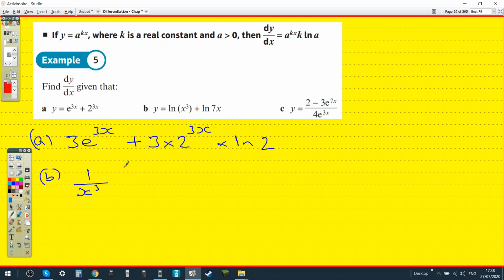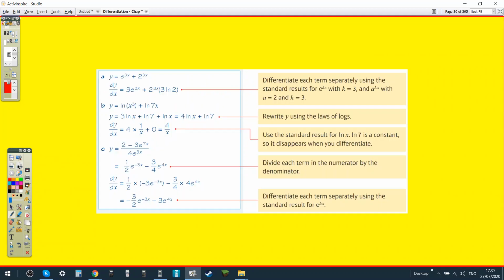That's 1 over 7x. You would think so. How else can you write that? Ln 7x. I don't know. Ln 7 plus ln x. Oh, okay. So 1 over 7 plus 1 over x. Wait, no, ln 7 is just a number, so it would be 0. Yeah. So then it would just be plus 1 over x. Yeah. Makes sense. Let me check B.